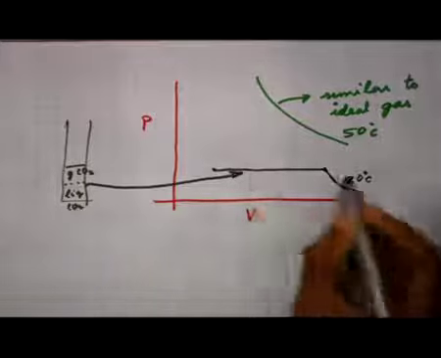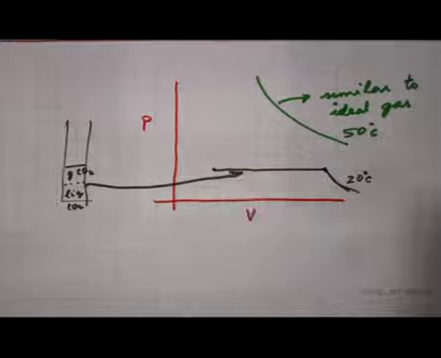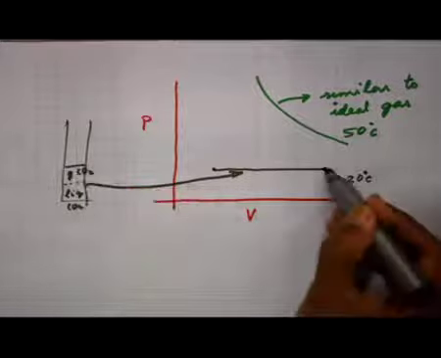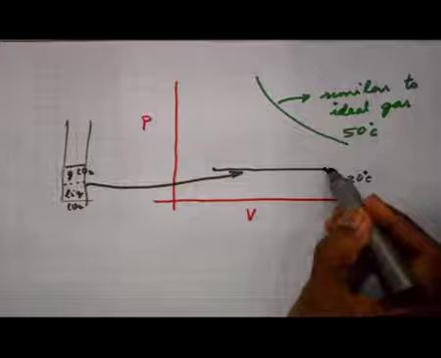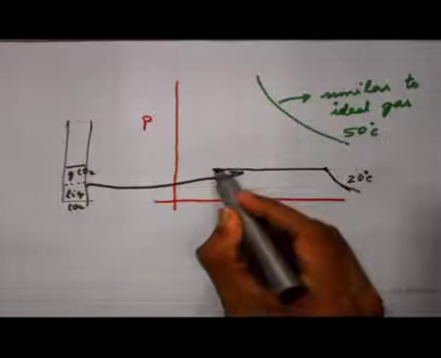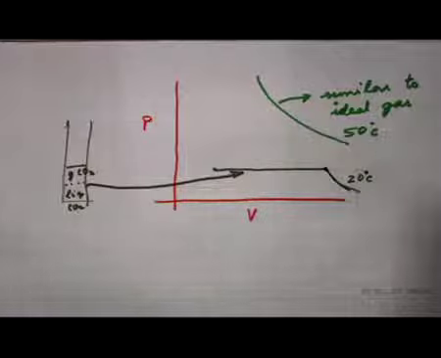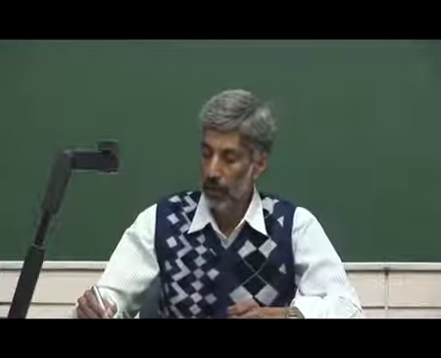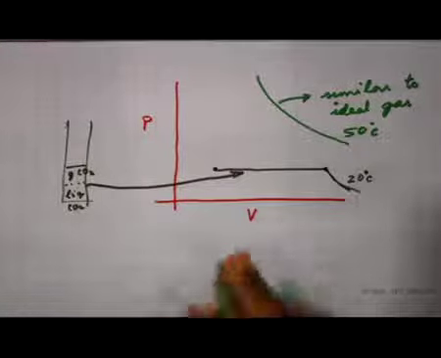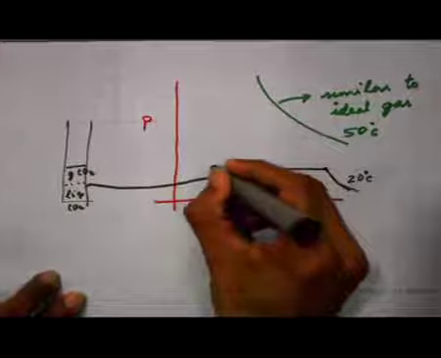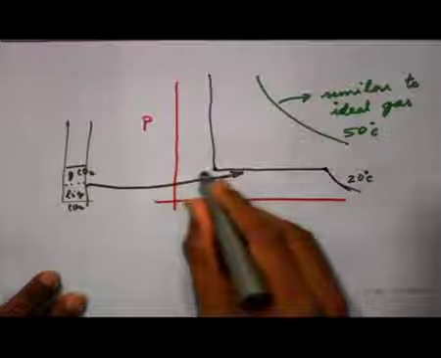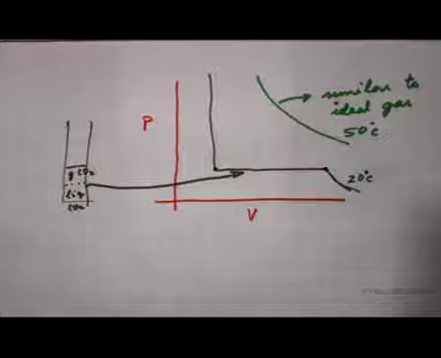So, you have what is called a two-phase equilibrium, the liquid phase in equilibrium with the gaseous phase. When all the carbon dioxide gas is completely liquefied and you have only pure liquid carbon dioxide, then even for a small change in volume you have to apply a lot of pressure.